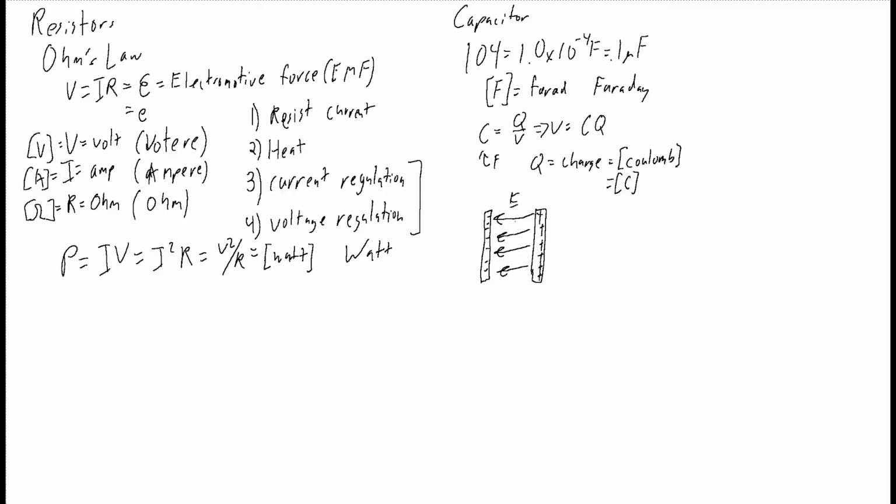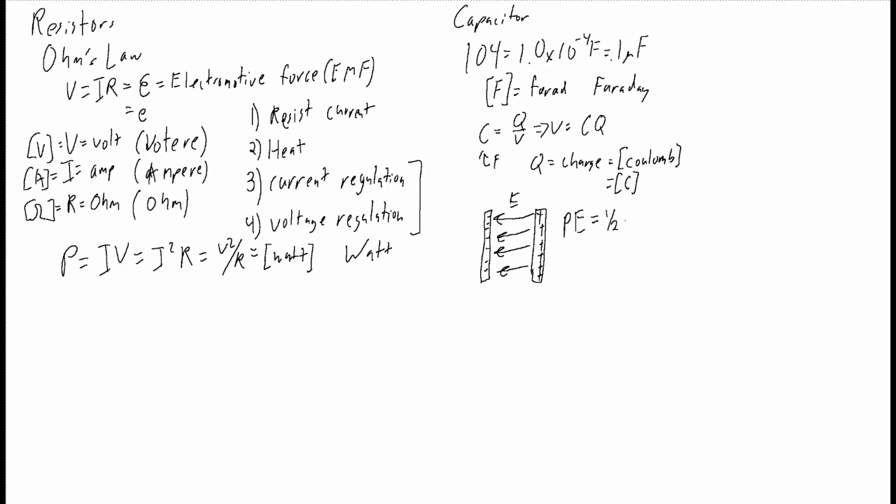Let me see if I can find my equations for the capacitor. I think the equation of most interest here is the potential energy stored inside the capacitor, and that is equal to a variety of things.